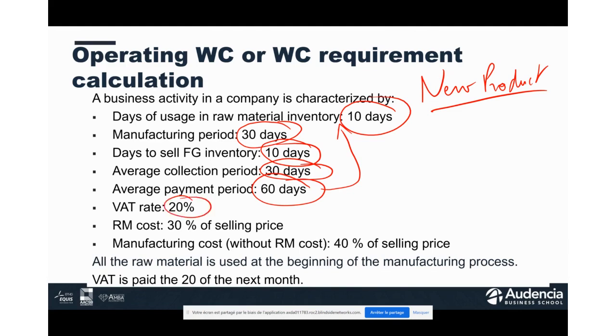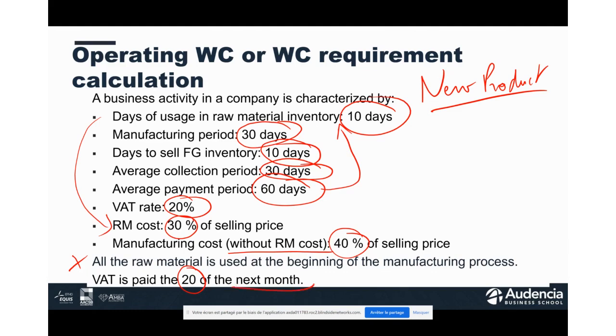The raw material cost represents the equivalent of 30% of the sales price. The rest of the manufacturing cost, without the raw material cost, represents 40% of the sales price. All the raw material is used at the beginning of the manufacturing process, and the VAT is paid on day 20 of the next month.